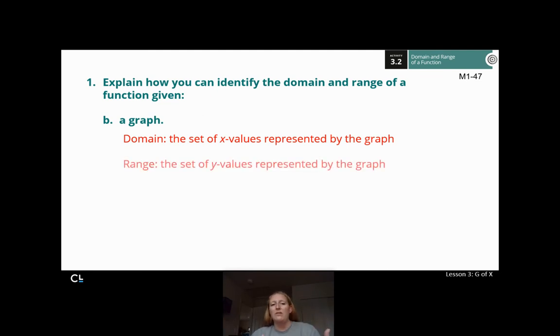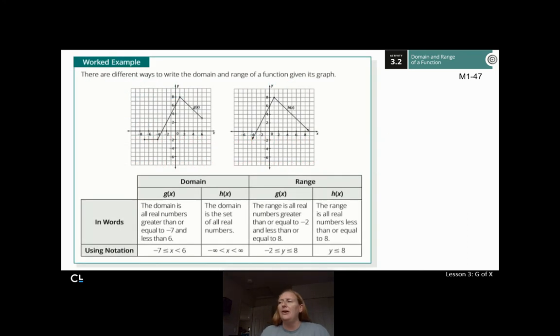And for the range on a graph, I can just look at the y values. So it's really, really easy to do. And I'm gonna show you how easy it is. Are you ready to see how easy it is? I think I may need my little writing tablet here. Hang on. All right. So you're on page M147 at this point, and we've been playing with stuff up above, writing questions, all that good stuff.